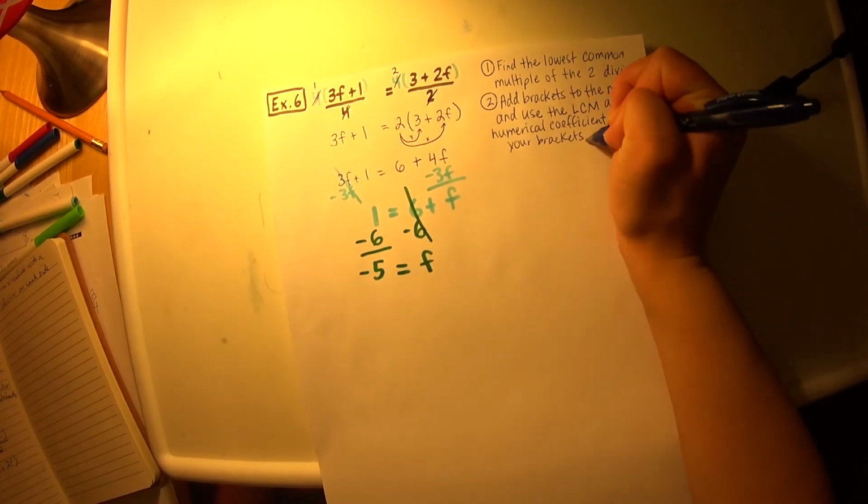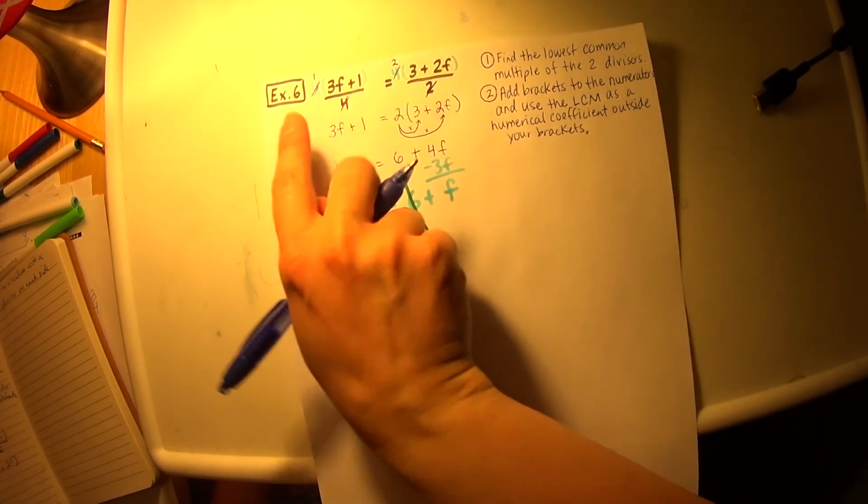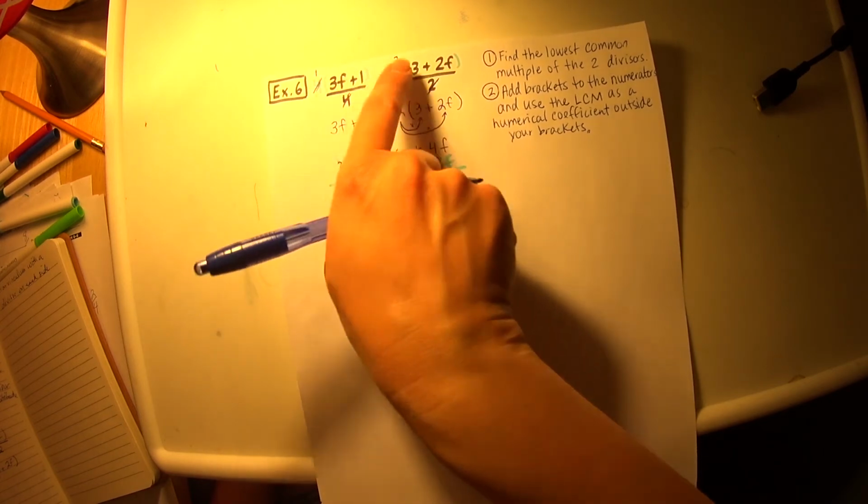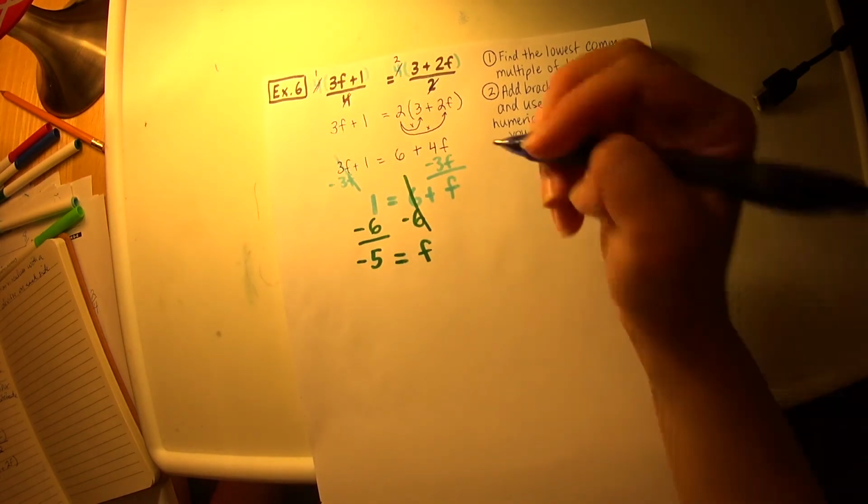After I found 4 as my lowest common multiple, I added it outside of brackets on the top of each of these fractions.